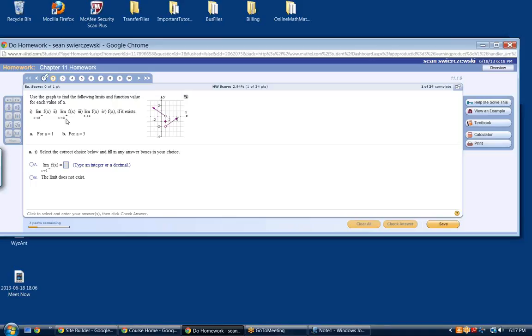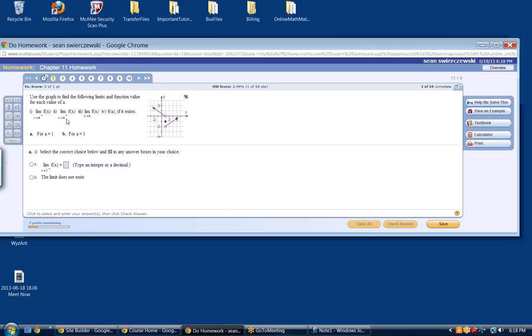What's the limit as we approach 1 from the right? -2. What's the limit as we approach 1? From which direction? Well, it's not from either direction. Remember, for this limit to exist, the limit from the left has to equal the limit from the right.